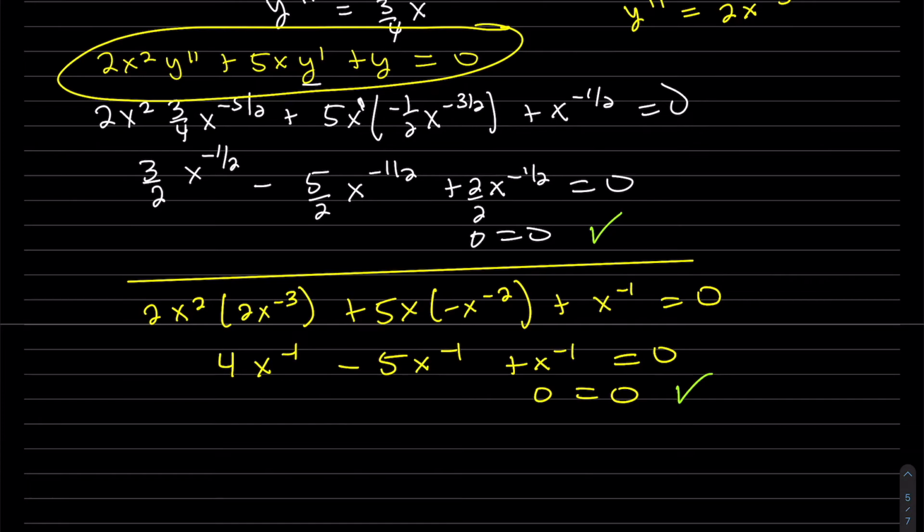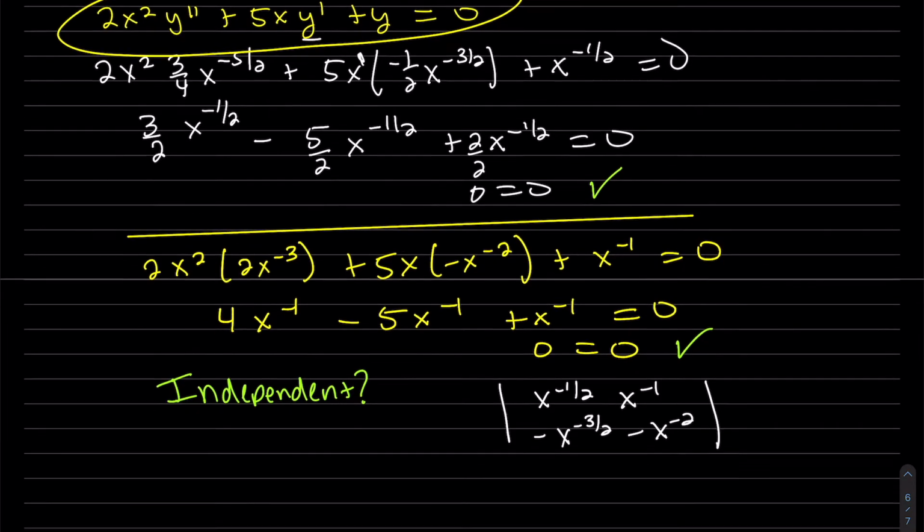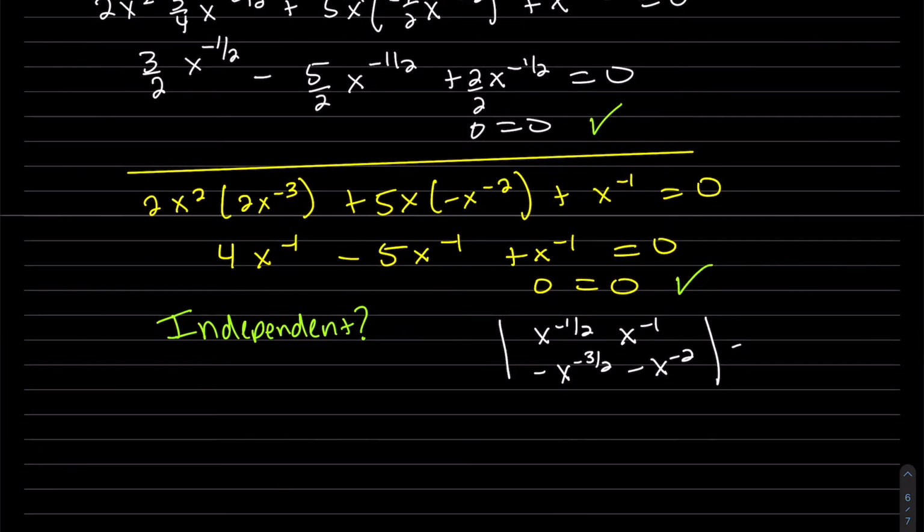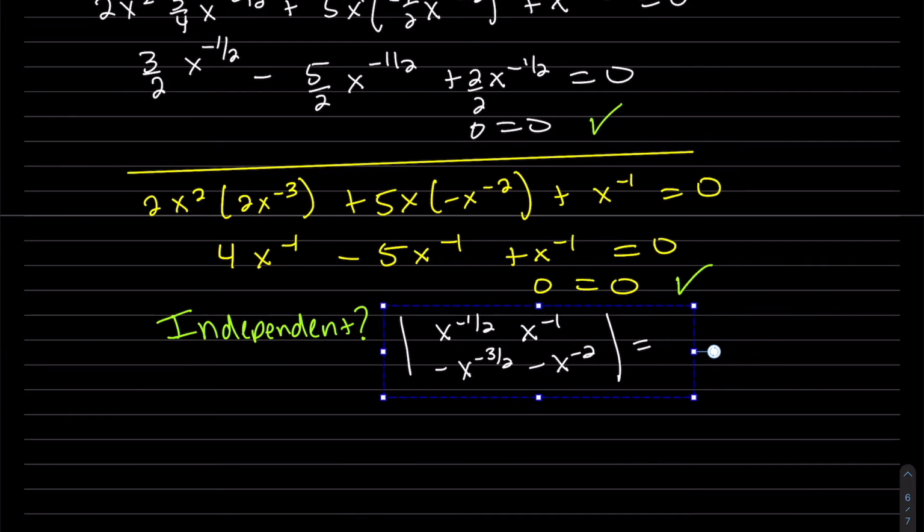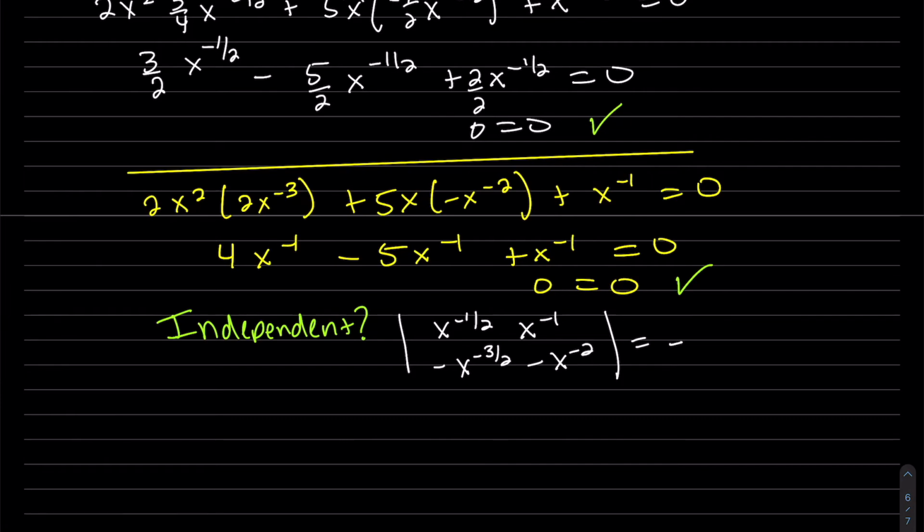And then last but not least, independence. Remember how to do that? We have to use the Wronskian. Take the derivative of the second line and find the determinant. It's got to be non-zero. Add the exponents.